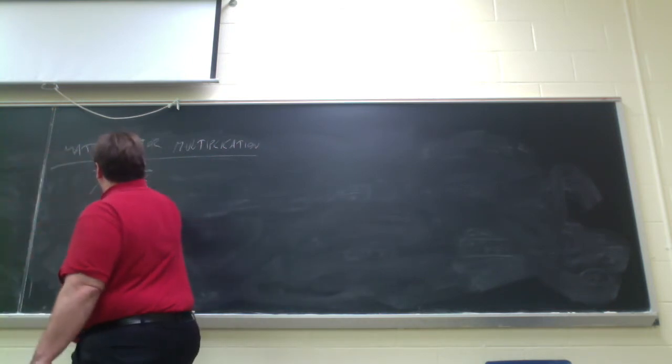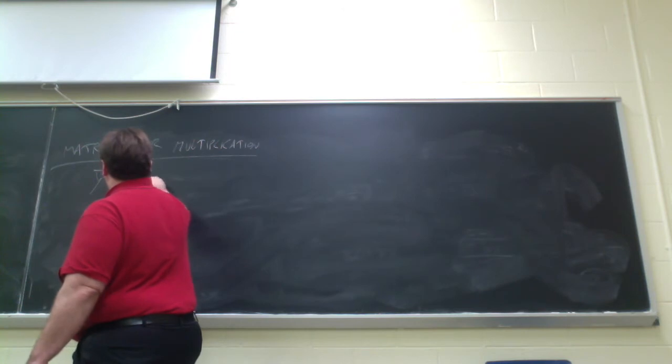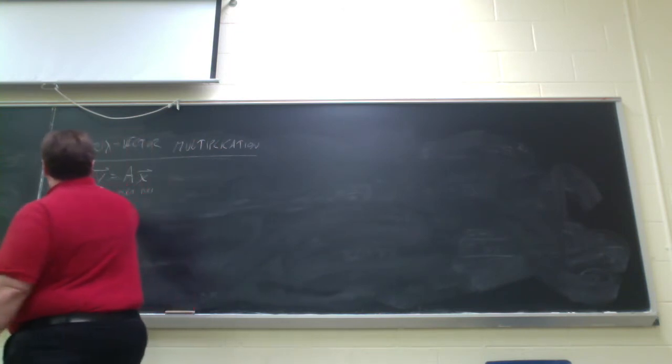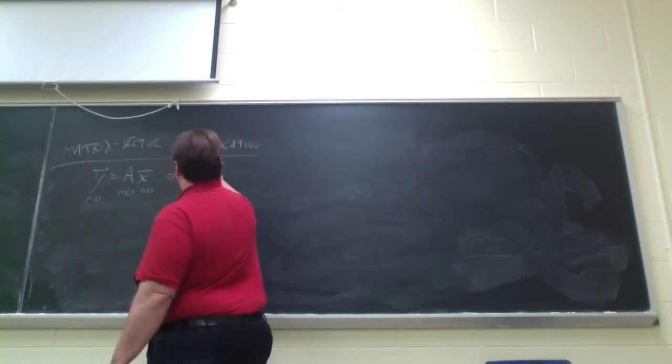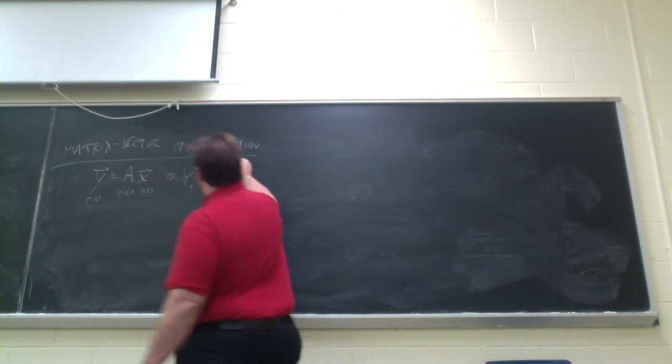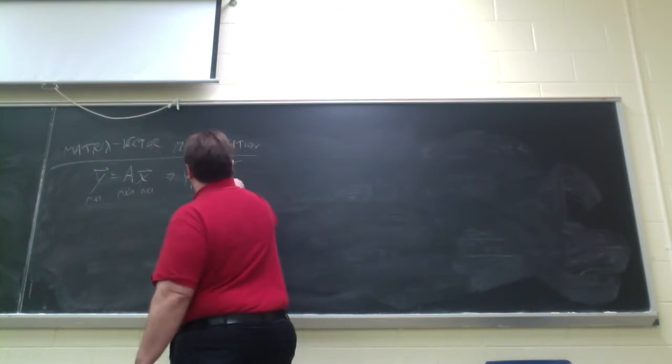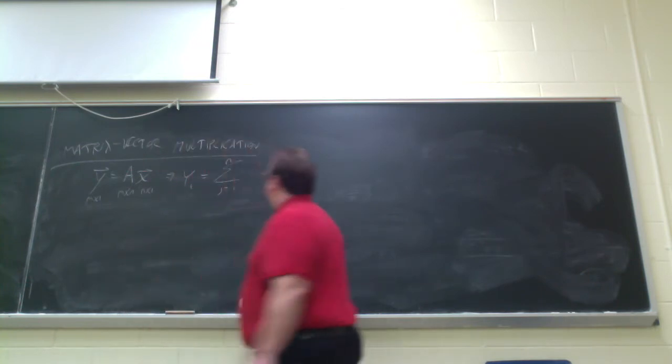A is m by n. x is an n vector, and y is an m vector. So each component of the output vector y is a sum.